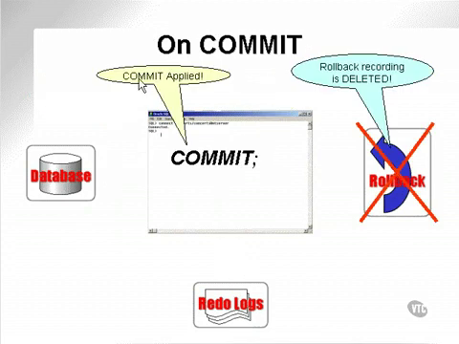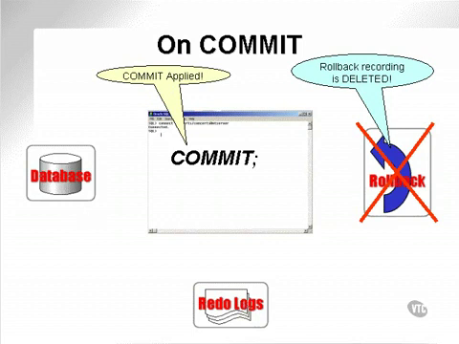When I execute a commit command, all that happens is that the rollback recording is deleted. On commit, the database changes and the redo logs remain as they are because both have already been altered.